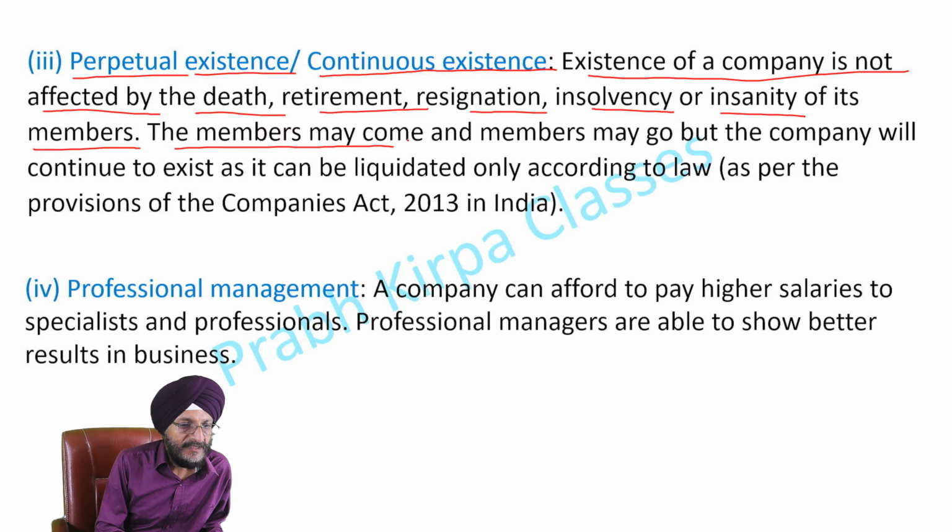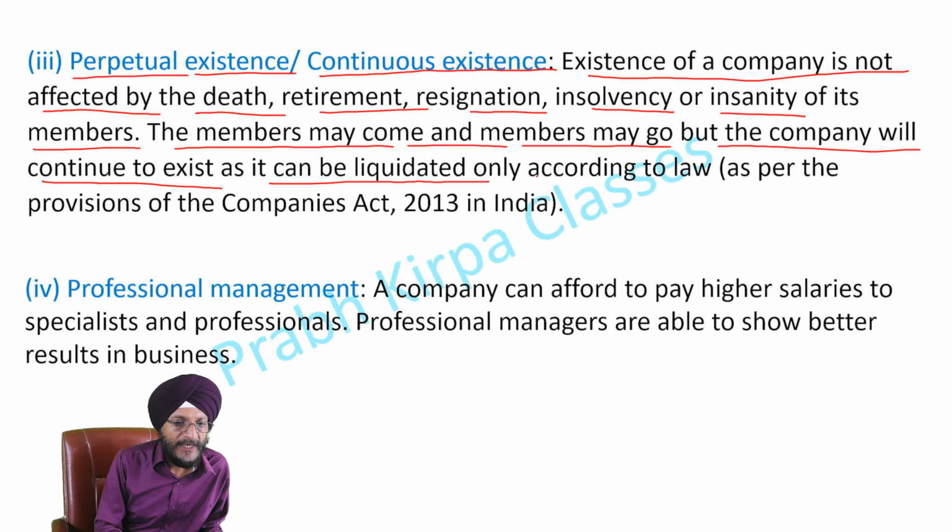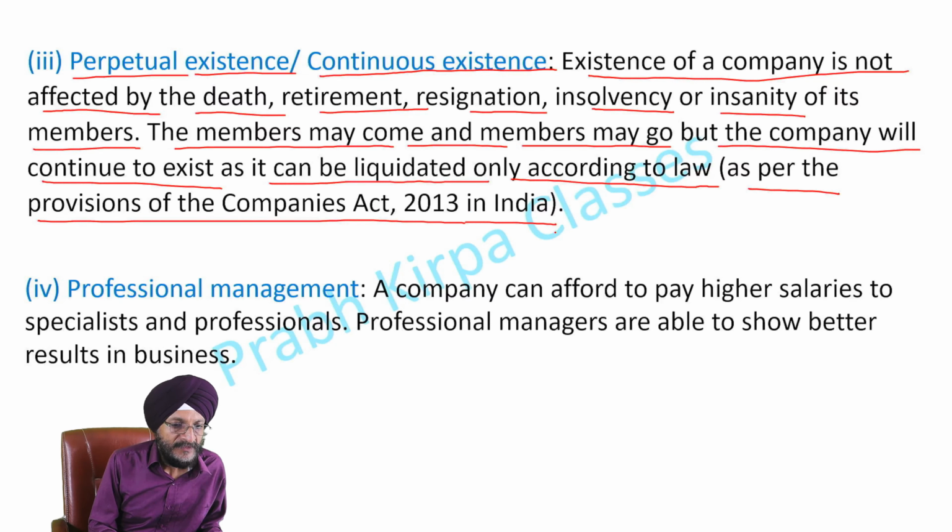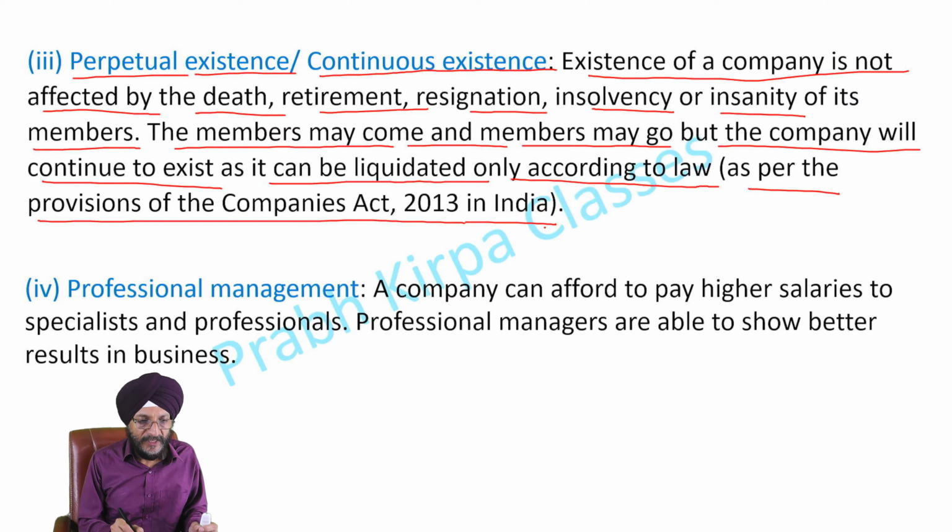The members may come and members may go, but the company will continue to exist as it can be liquidated only according to law, that is as per the provisions of the Companies Act 2013 in India. That is, this rule is applicable only in India.